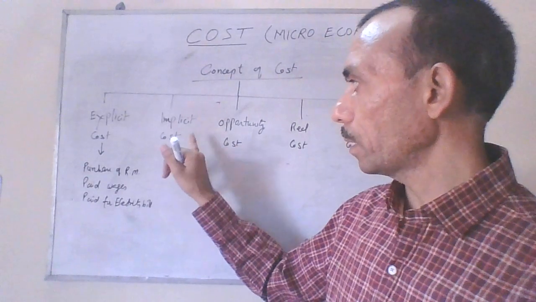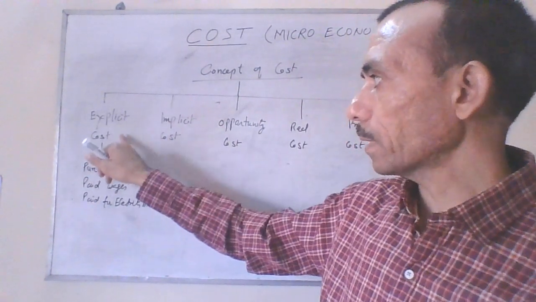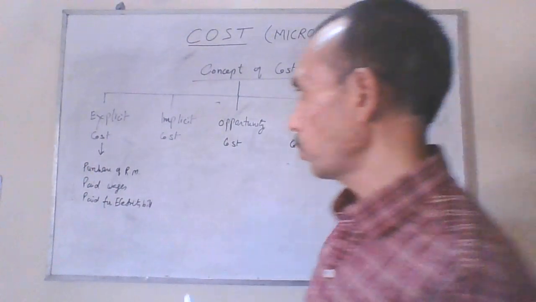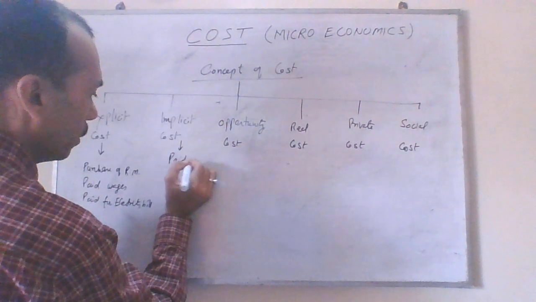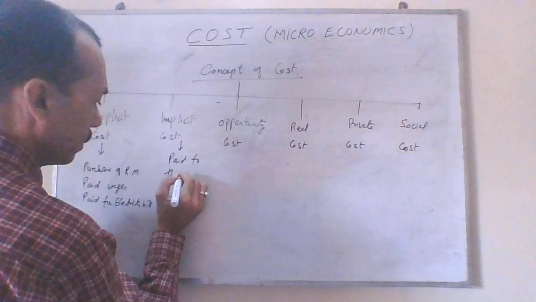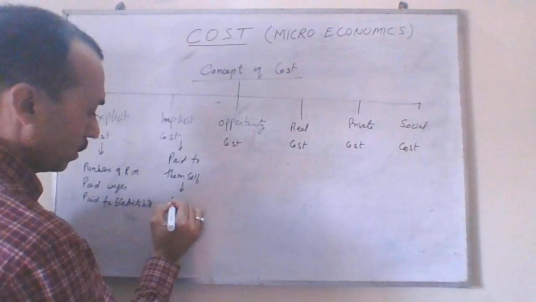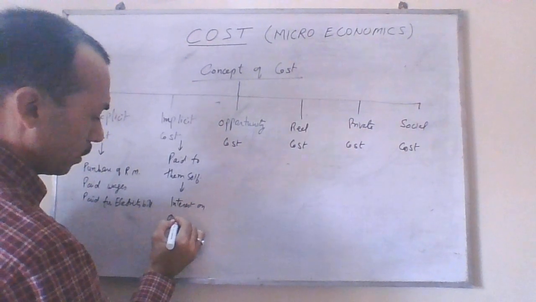Implicit cost is simply the amount paid by the producer to themselves, while the explicit cost is the amount paid by the producer to outsiders. So implicit cost means paid to themselves. Example: interest on own capital.